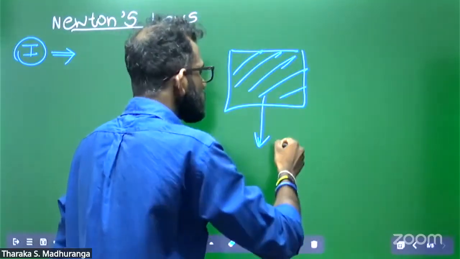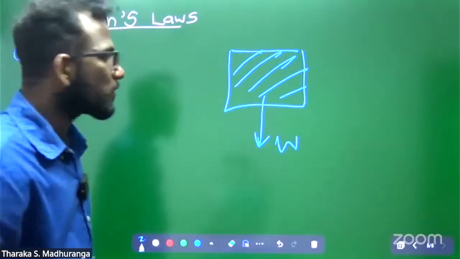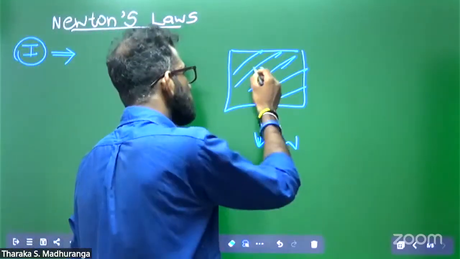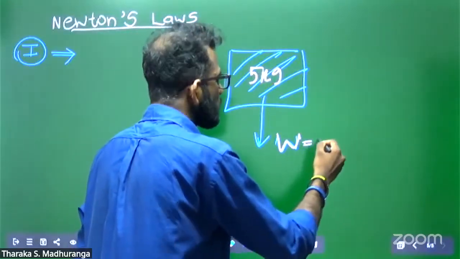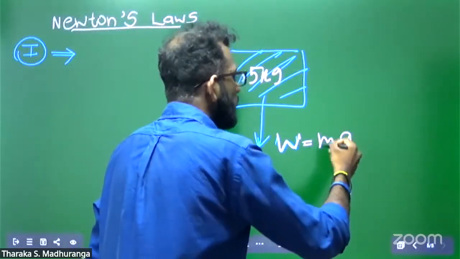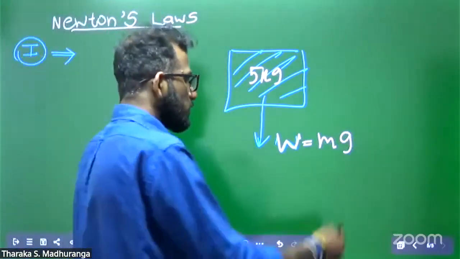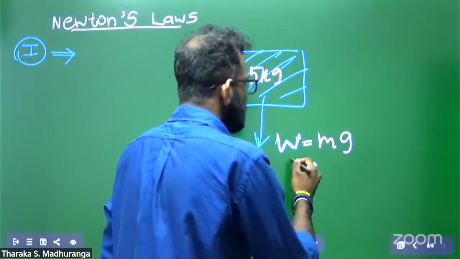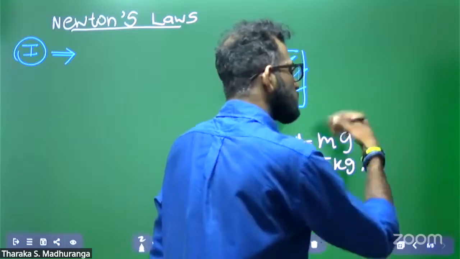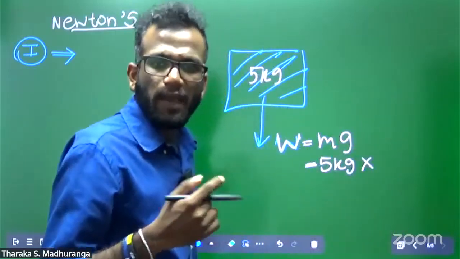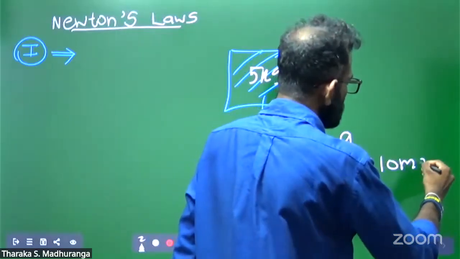The weight is the force always in the gravity direction. If it is a 5 kilogram object, the weight equals mg, the mass times gravitational acceleration. I think you all know this. So 5 kilogram times gravitational acceleration, which as in O level we consider as 10 ms minus 2.